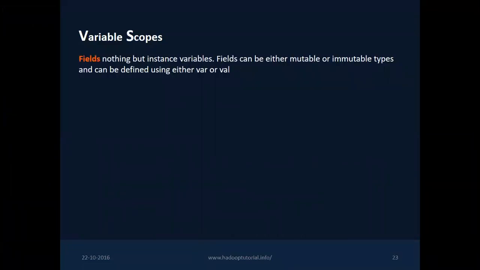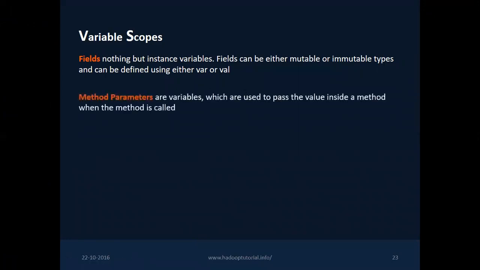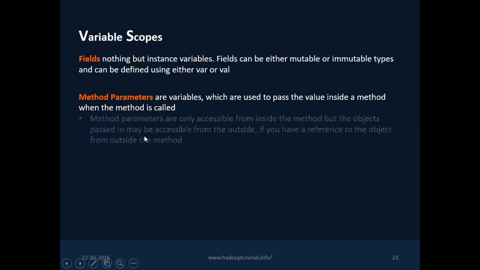And coming to the variable scopes. Any fields that you declare and pass as parameters to methods can be accessible inside that method only. So method parameters are variables which are used to pass the value inside a method when the method is called.